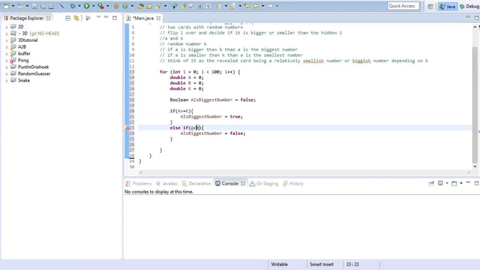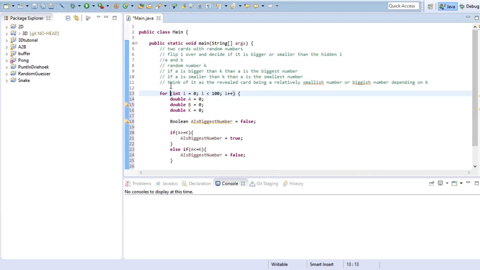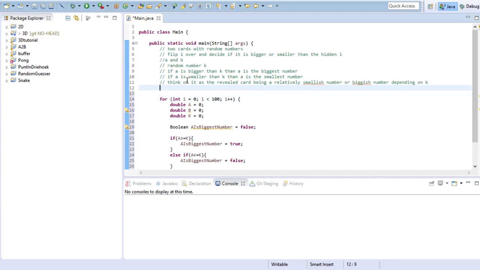A is smaller or equal to K. Okay, and I guess we need a counter, an integer, times guessed correctly.